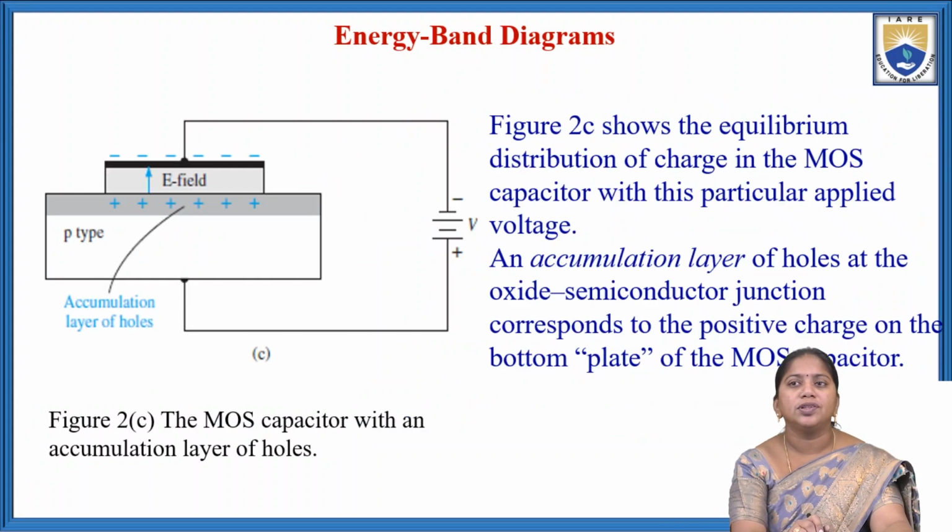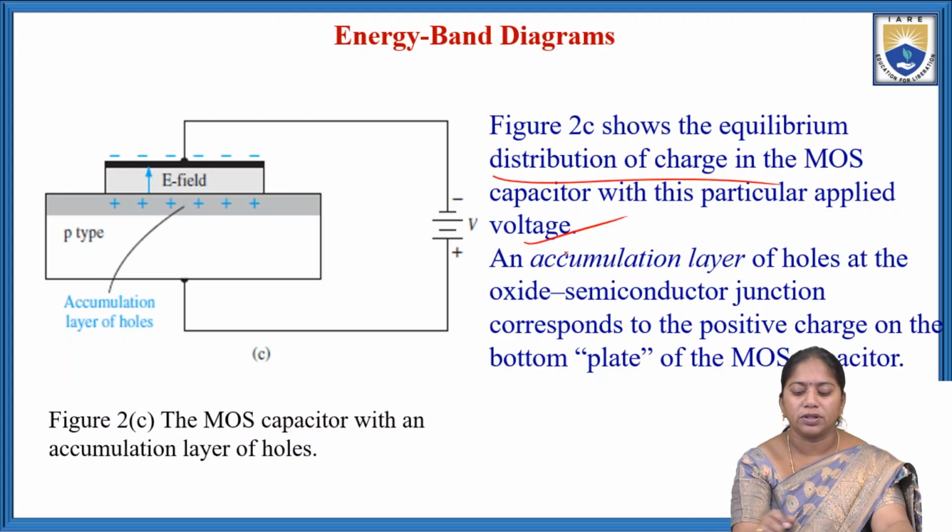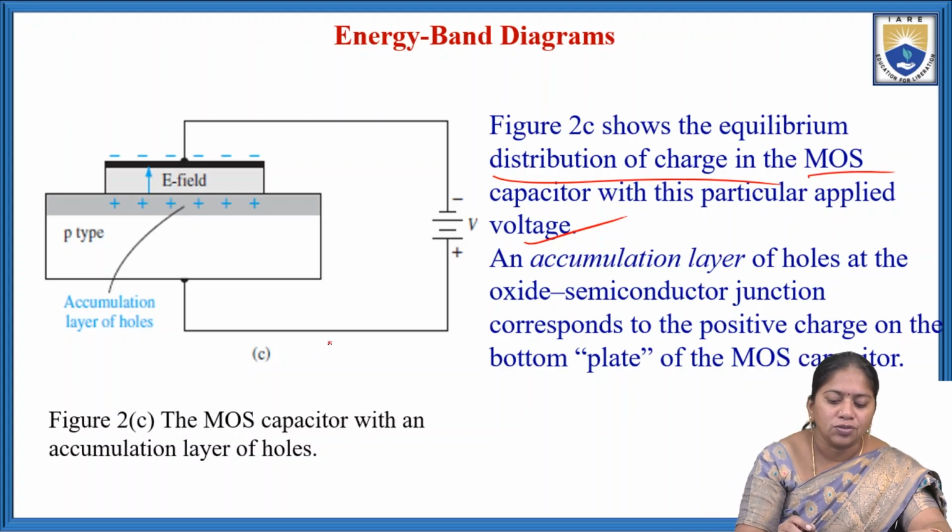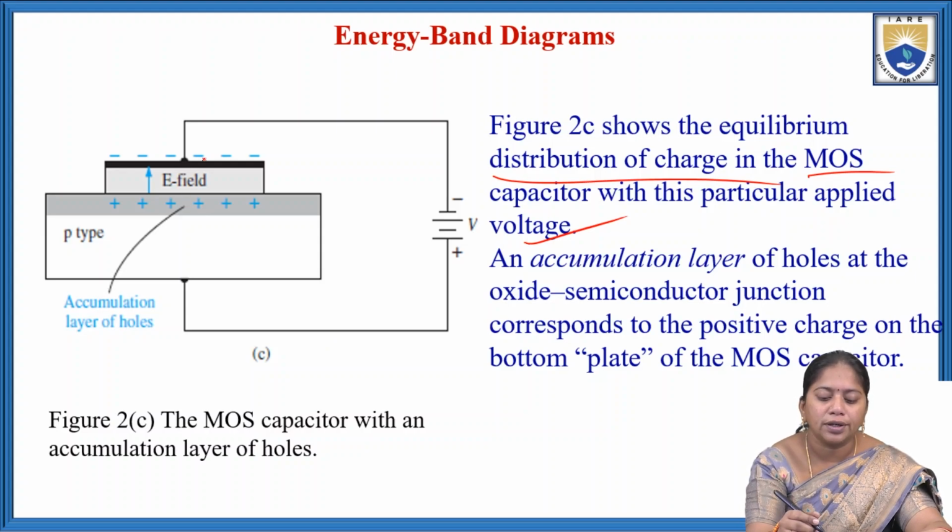Here figure 2c shows the equilibrium distribution of the charge in the MOS capacitor with this particular applied voltage. We already discussed in the earlier slide that the electric field penetrates the semiconductor, so holes are induced at the oxide semiconductor interface.